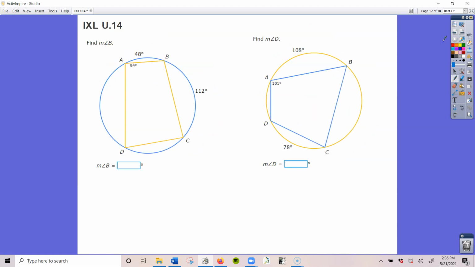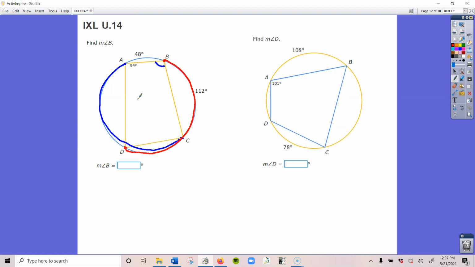This last one is U14, where we're going to find still missing angles, but we're given different information. So here we're trying to find the measure of angle B. Now what you've got to pay attention to is that angle B intercepts this arc here. So all of this. Now we're going to use the other angle that's given and see what arc that intercepts. So here's the 94 and it intercepts this arc here.